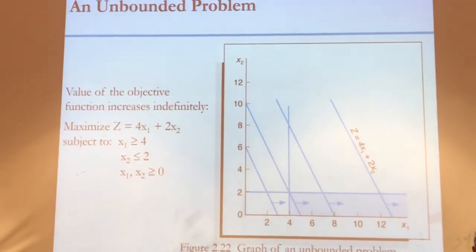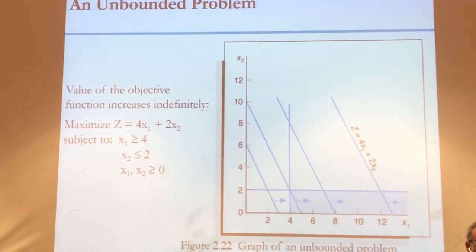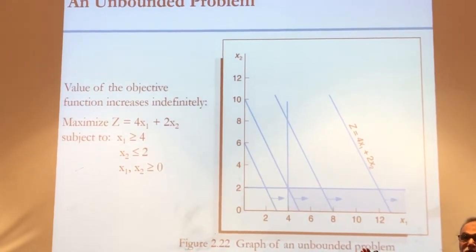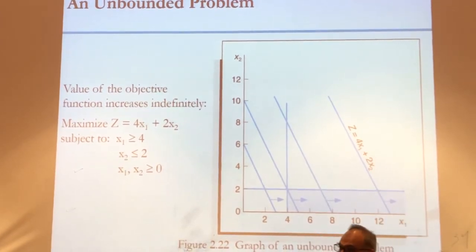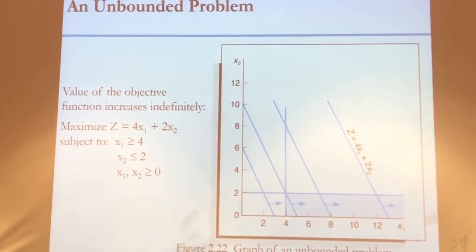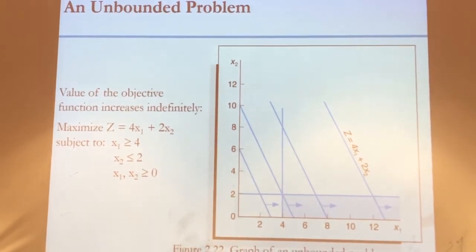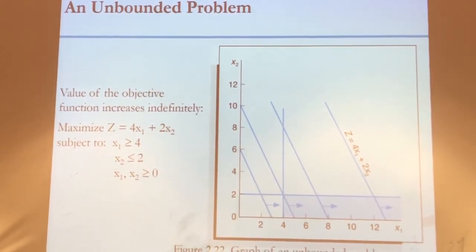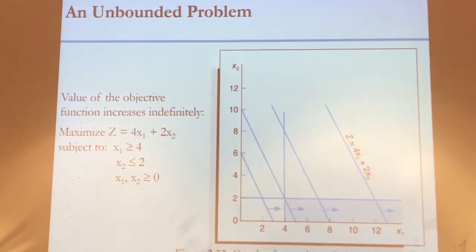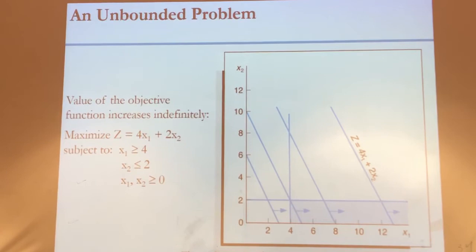It means some constraint is missing. Unboundedness is there. The region is not bounded. Okay, if the region is not bounded, of course, you can make your profit to infinity. And this kind of problem occurs only in maximization problems, not in minimization problems. You can move your isoprofit line away, and there is no boundedness. Clear?